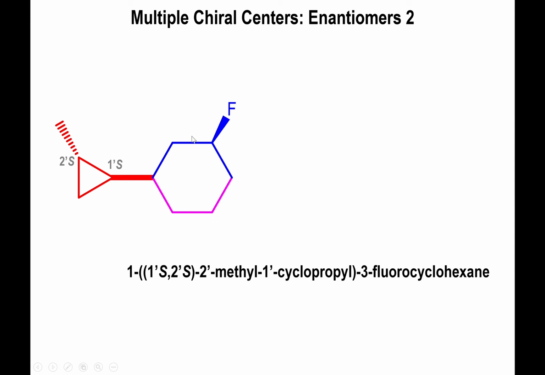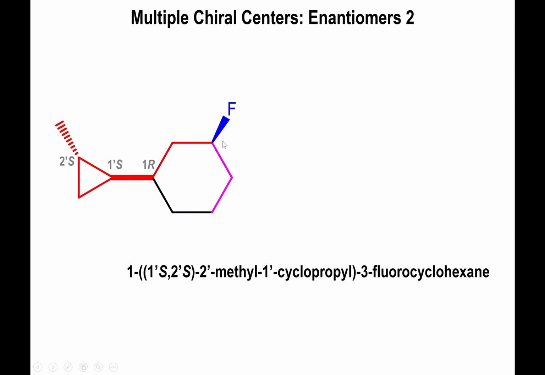So the blue segment that does contain the fluorine is the second priority, and the pink segment is priority 3. So looking at this thing, it seems to be a clockwise rotation. And since the bold bond is on the chiral center, the hydrogen is also pointing away from you. So this is indeed the R configuration.